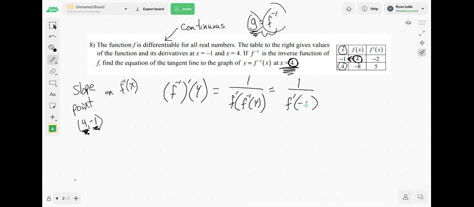Well, what's f prime of -1? Now I can go up here. See, there's -1. F prime of -1 is -2. So this is going to be -1/2. And now I'm essentially done, because my tangent line would be y minus -1, so y plus 1 equals m, -1/2, times x minus x1, or 4.